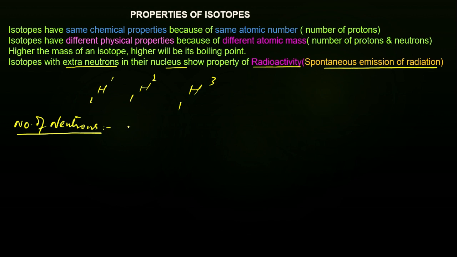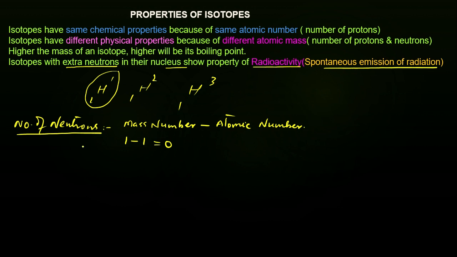Number of neutrons is mass number minus atomic number. For the first one, mass number is 1, atomic number is 1, so number of neutrons is 0, no neutrons here in the first case, in case of 1H1. In case of 1H2, it is 2 minus 1 proton, that is 1. So there is 1 neutron in it.